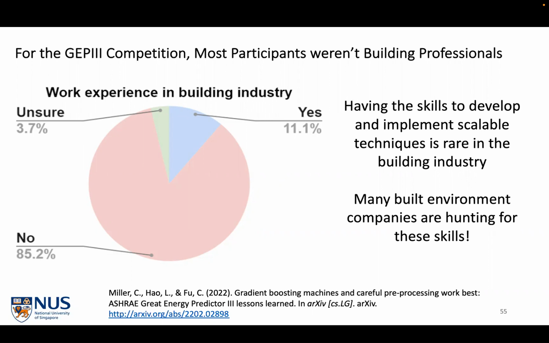But on the other hand, the winning teams did have some of that contextual knowledge, especially the first place team. The gentleman who was part of that pair actually had some metering experience and understood how that worked. But the point is that we had lots of cool stuff happen, but we didn't have as many building industry people as we wanted. So we want to fix that. We want to see how, like I said, to bring these two ships closer together.